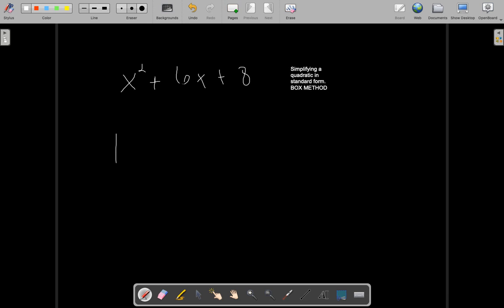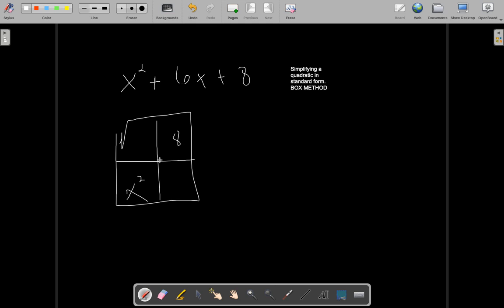What you want to do, obviously, is make a box. That's the first thing. Not the greatest box, but it's a box. Sorry, guys. I'm going to take this x squared and put it in the bottom left, and then take this positive 8 and put it in the top right.